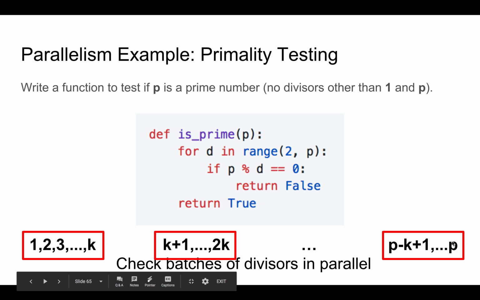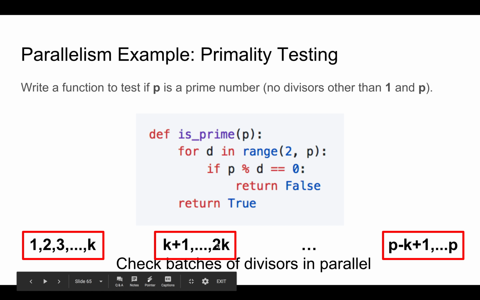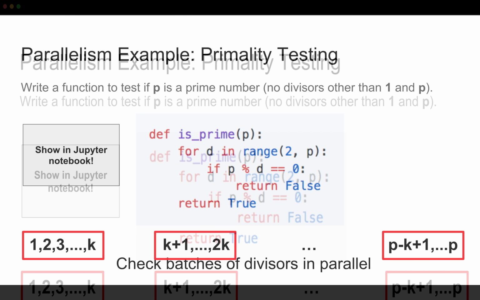If we find a single divisor of p in any of these batches, then that means p is not prime. And if they all don't find any divisors, then that means p is prime. So let me show you how to do this in Jupyter.